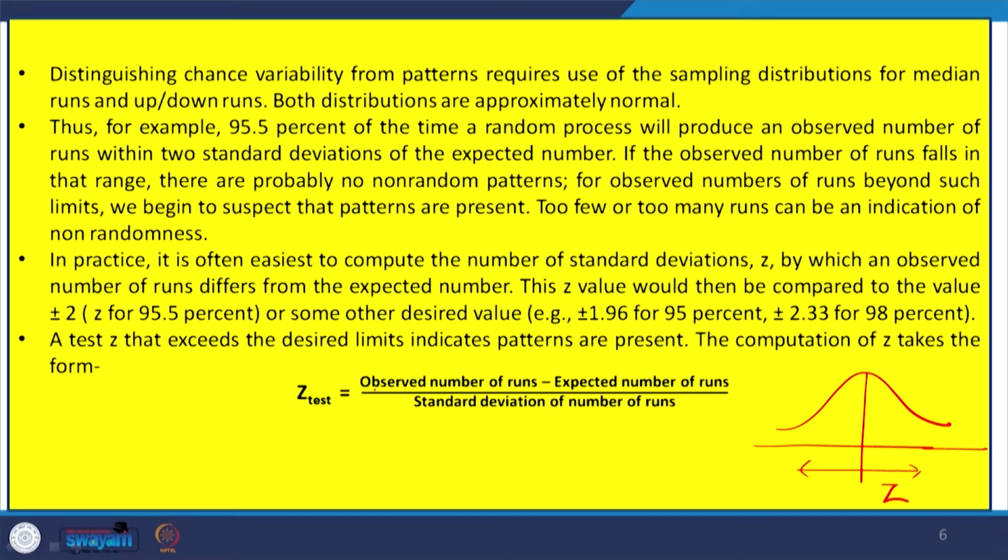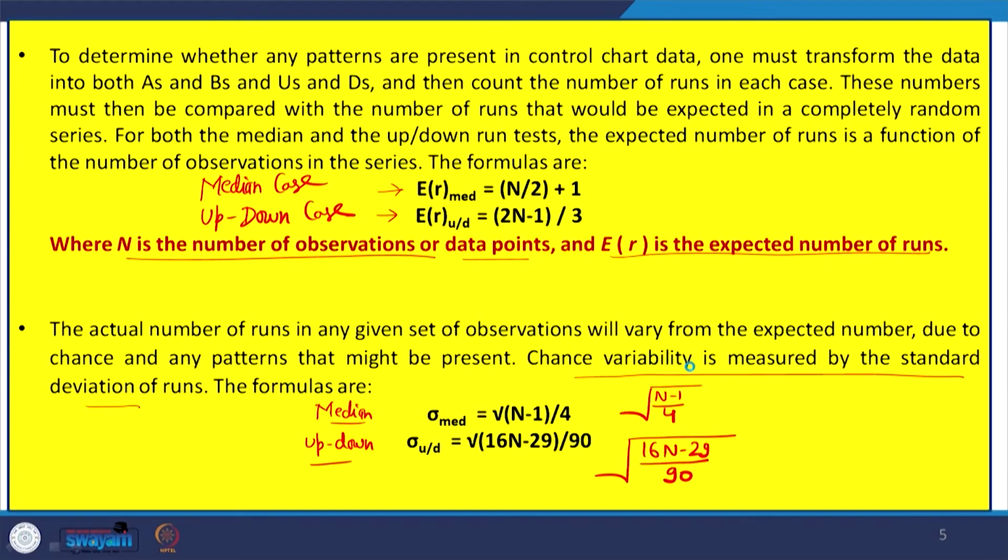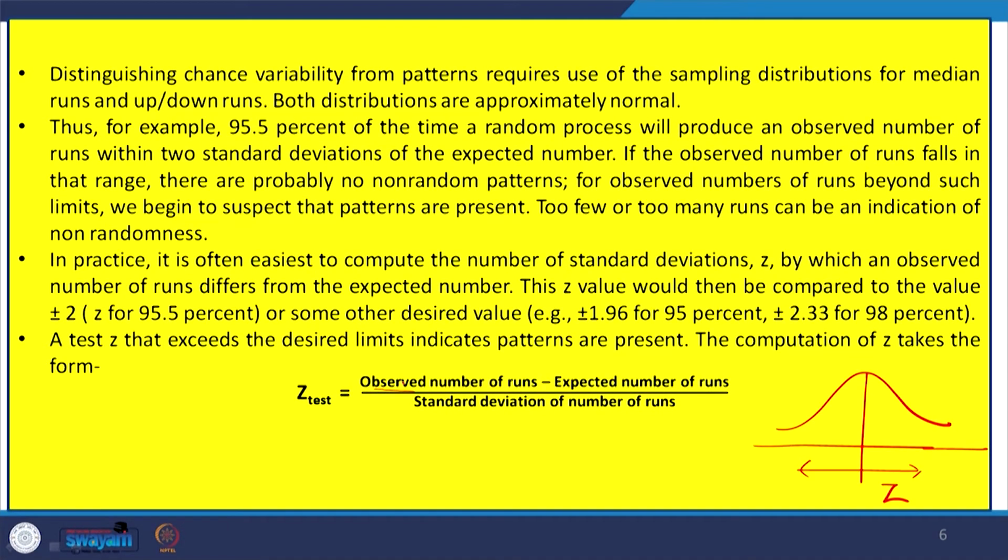So, Z value for a particular test uses the observed number of runs, that is the actual number of runs which we have calculated from the sample data, and the expected number of runs which is coming from the formula. In the previous slide we discussed these formulas. In the denominator the standard deviation term will come. So, Z is the observed number of runs, that is R, minus ER, the expected number of runs, divided by the standard deviation of R.